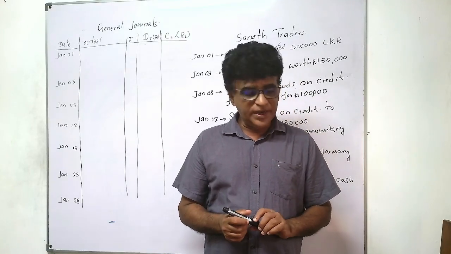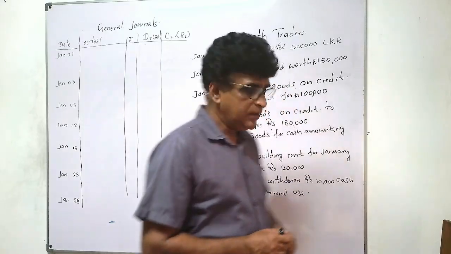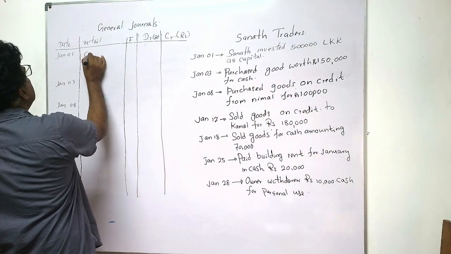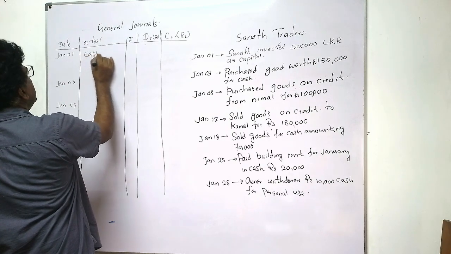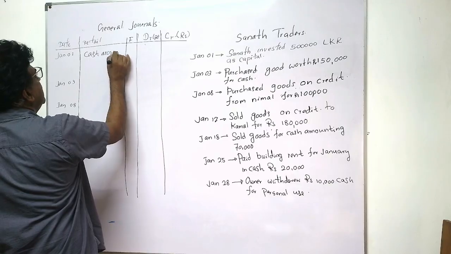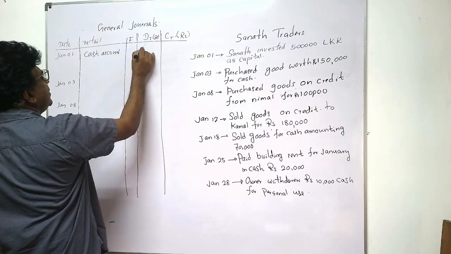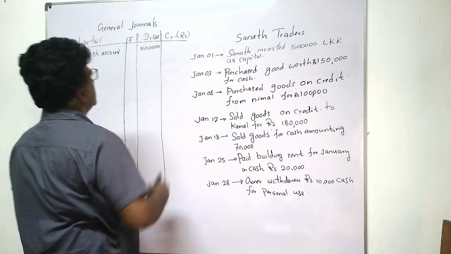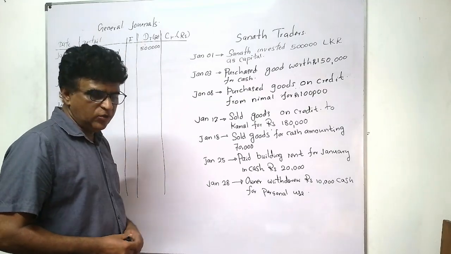Then we have to debit the cash account by 500,000. Cash account debited.